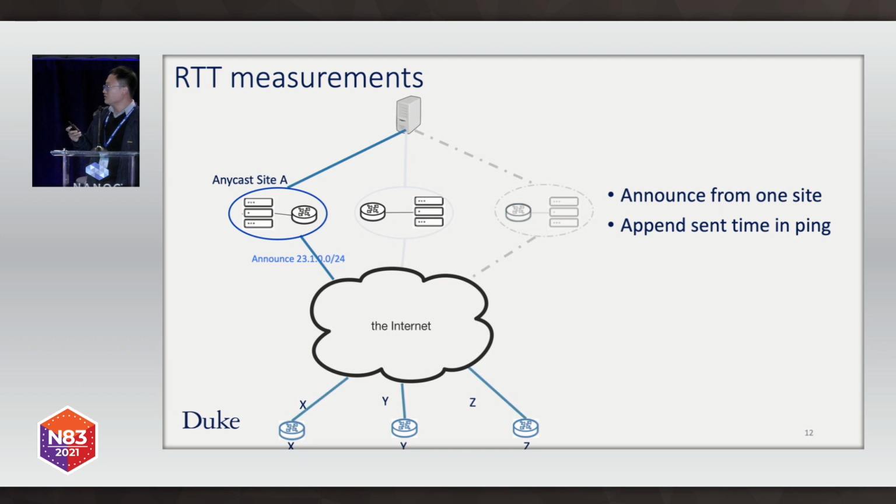After the internet has converged, all the clients belong to that single site's catchment area. After that, we send out SMP packets to all clients, and the clients' replies return through the same tunnel. Then we can get the round-trip time by subtracting the tunnel travel time from the total travel time.